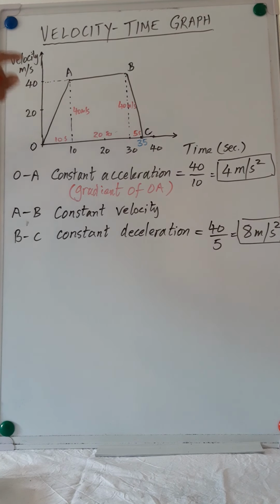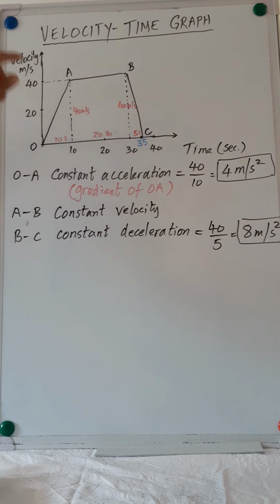Now, the next thing that we're going to talk about is how do we find the distance traveled? Remember, speed is equal to distance divided by time.